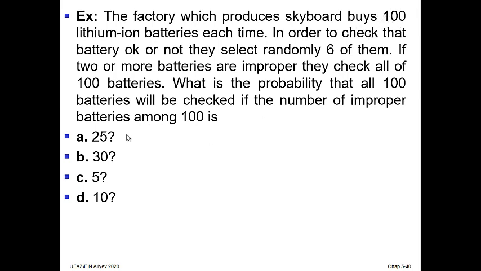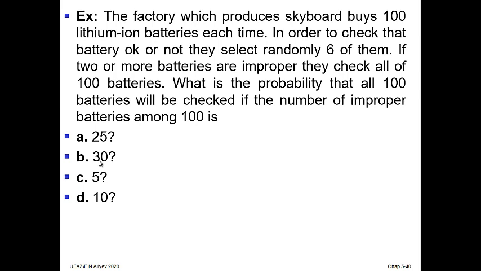If you want to solve A, you should take A as 25, capital N as 100, X more than or equal to 2, and smaller case letter n is 6.